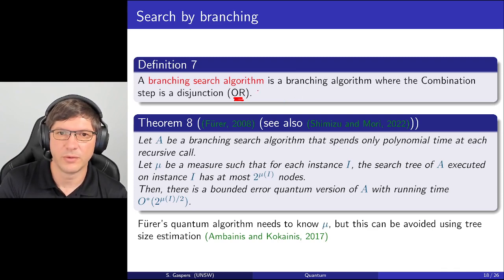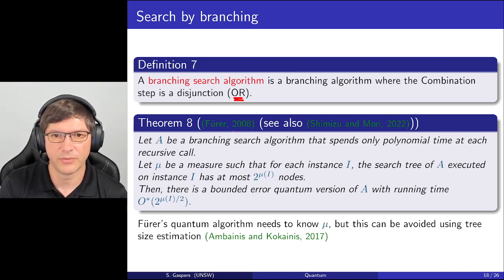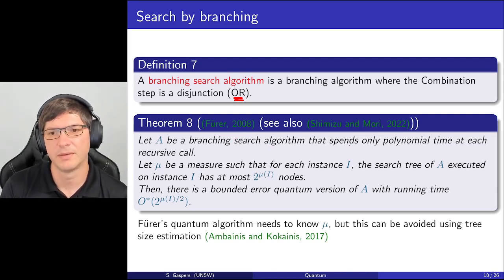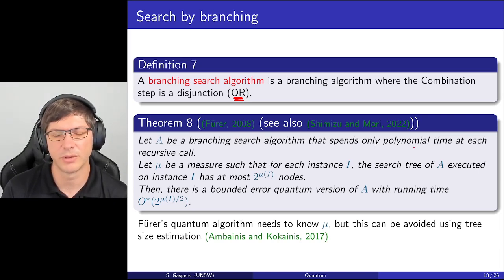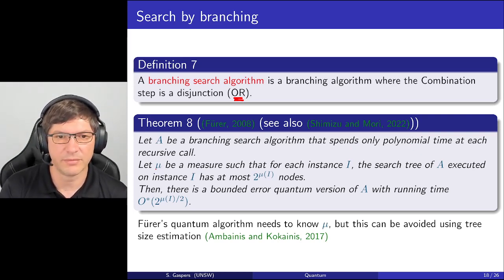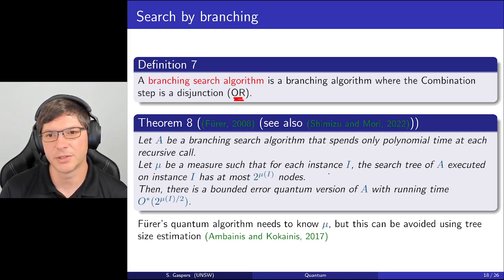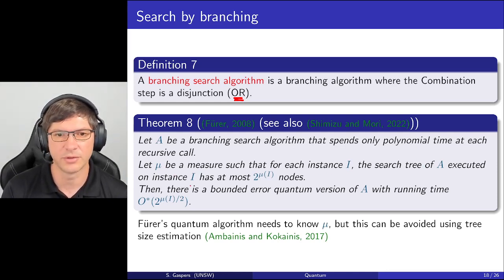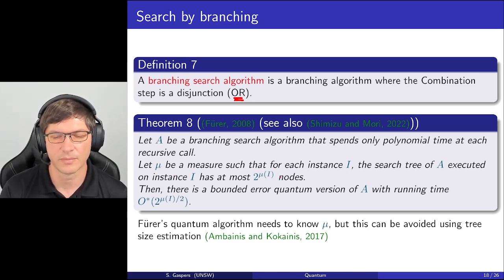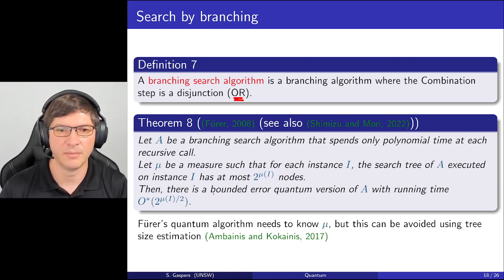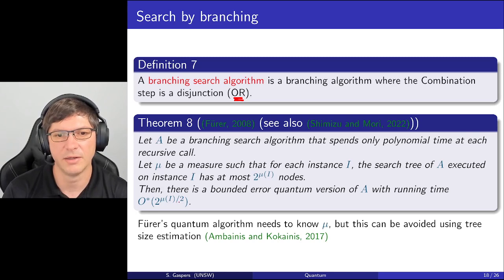Okay, so what's known for branching search algorithms? Well, there's Führer's algorithm that says if we have such a branching search algorithm A that spends only polynomial time at each recursive call, or at each node of the search tree, and we also have a measure mu such that for each instance I, the search tree of A executed on instance I has at most 2 to the power mu of I nodes, then there's a bounded error quantum version of A with running time 2 to the power mu of I divided by 2.